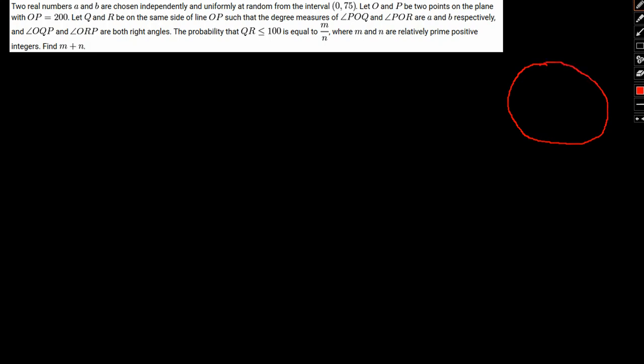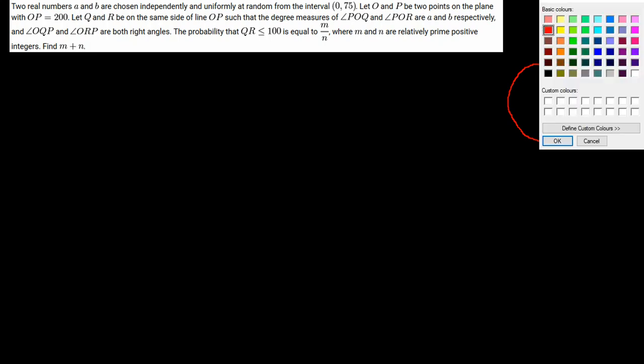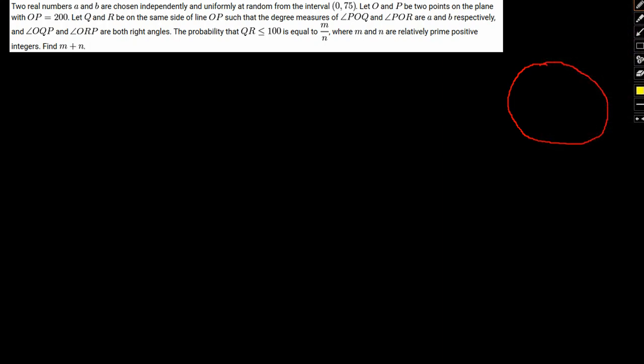Suppose this is my circle. Here let PO be the diameter of this particular circle. Now we are given Q and R are on the same side of PO.